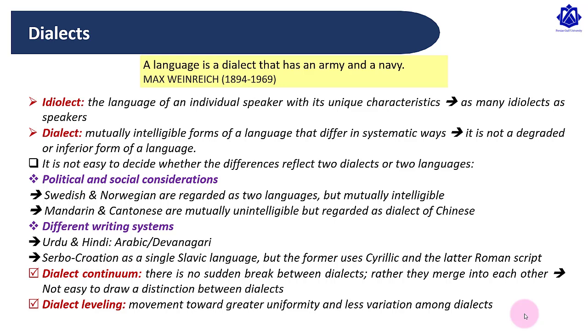For the definition of dialect, it has been mentioned that dialects differ from each other in systematic ways. For example, they are different in the vowels that they use.